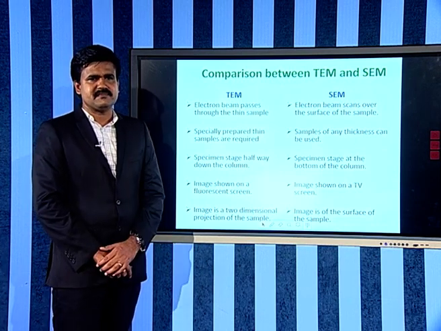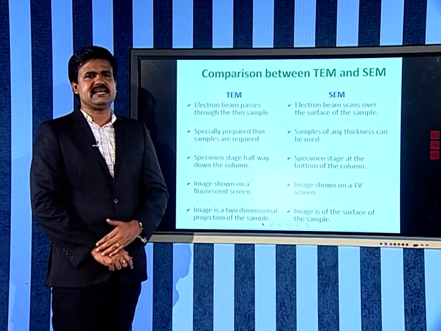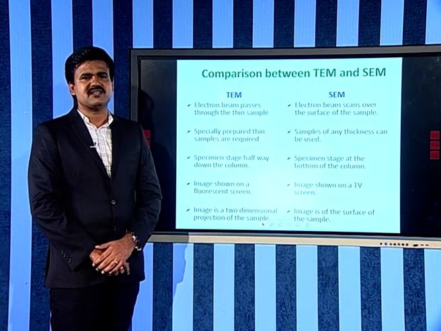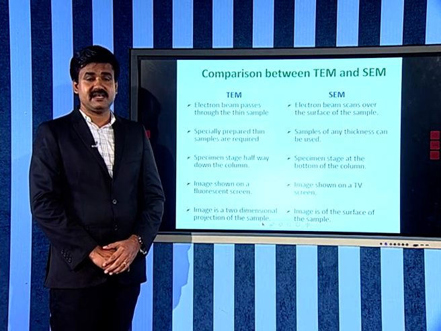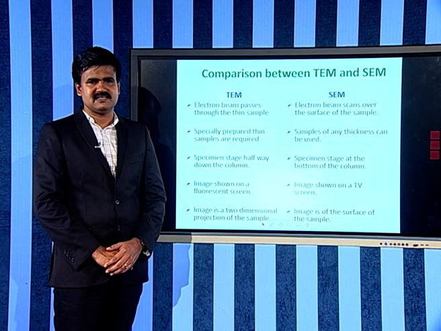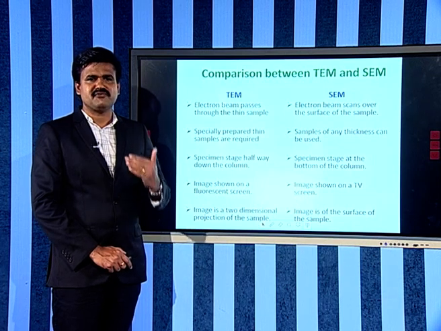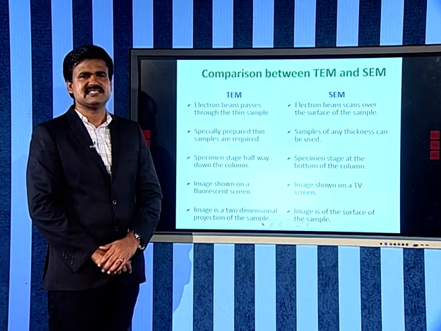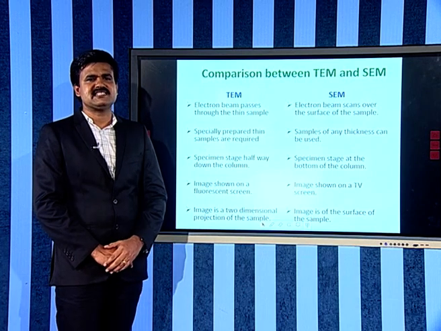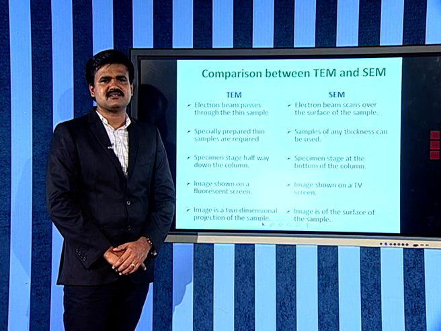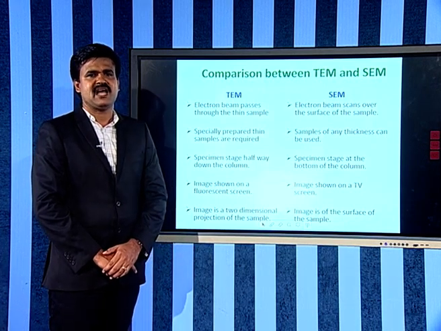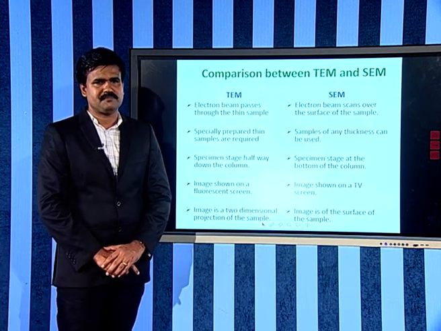In the case of TEM, specially prepared thin samples are required for the analysis. However, in the case of SEM, samples of any thickness can be used since we are focusing only on the surface. In TEM, the specimen stage is halfway down the column. However, in SEM, the specimen stage is at the bottom of the column.